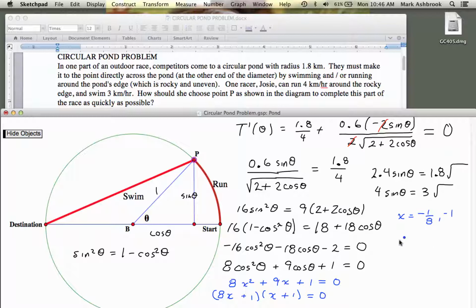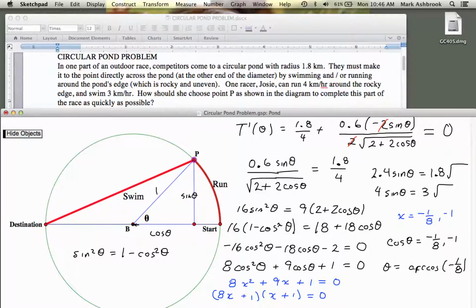But what was x? X was cosine theta. So cosine theta equals negative 1/8 or negative 1. And so theta is the arc cosine of negative 1/8 or arc cosine of negative 1. What angle theta gives negative 1?